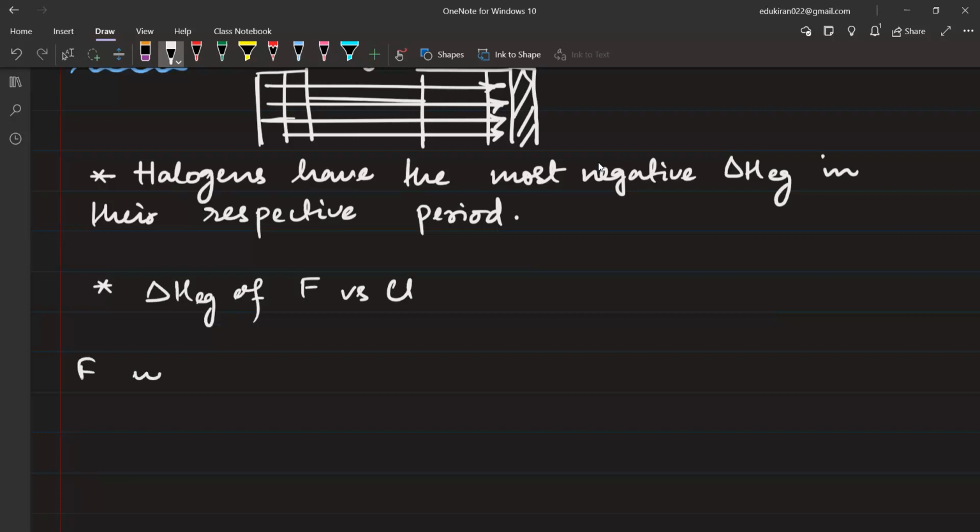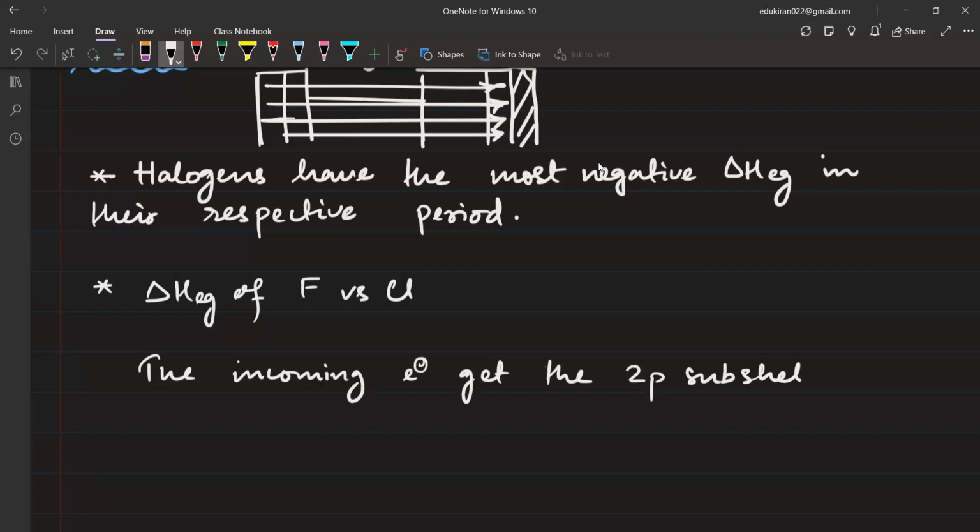Please write fluorine, the incoming electron gets the 2p subshell of fluorine, which is compact and small in size.